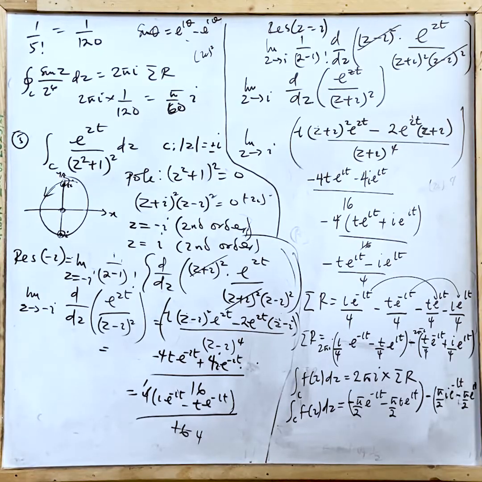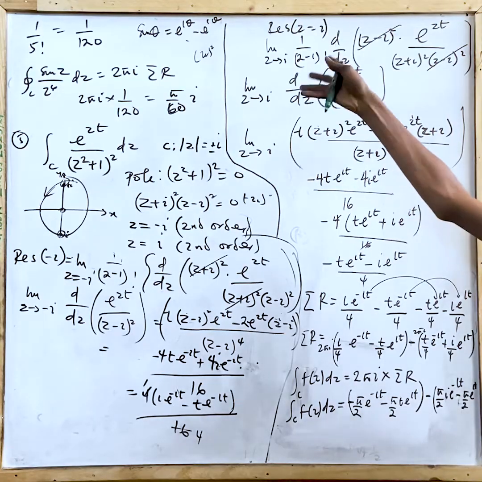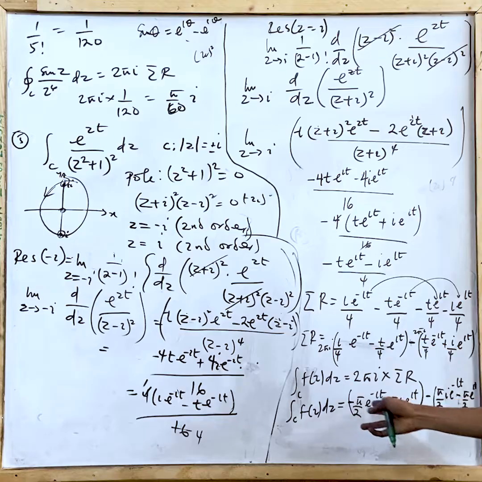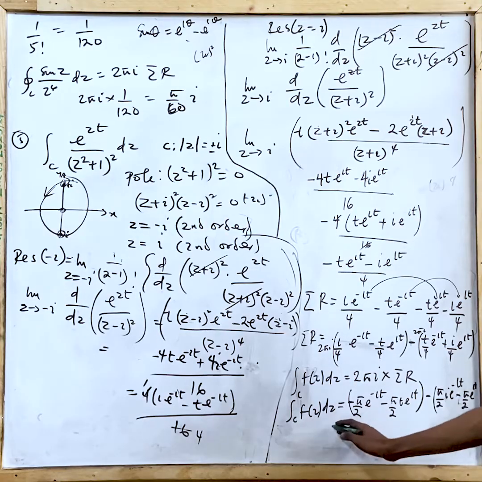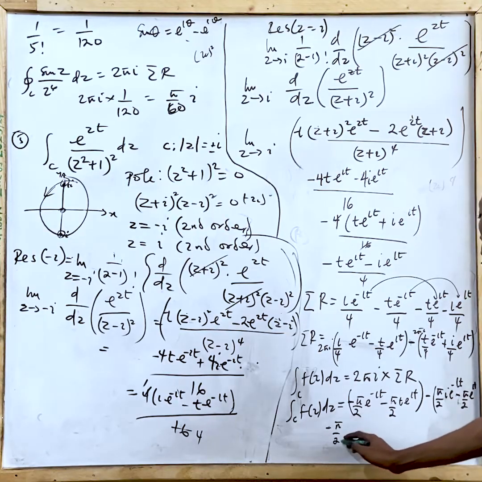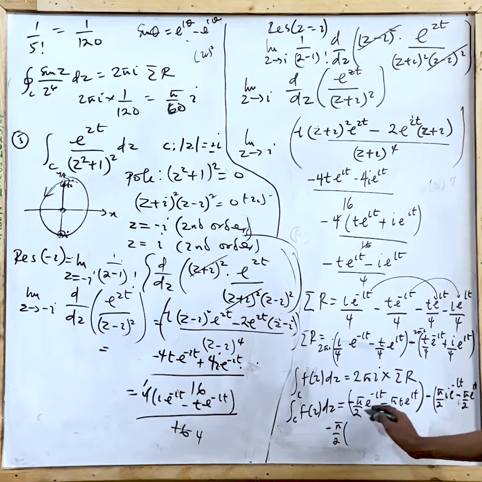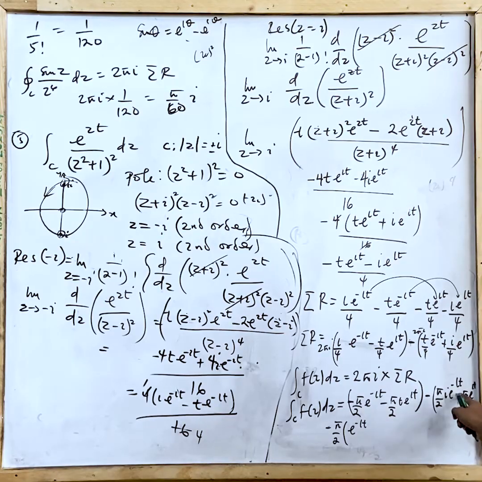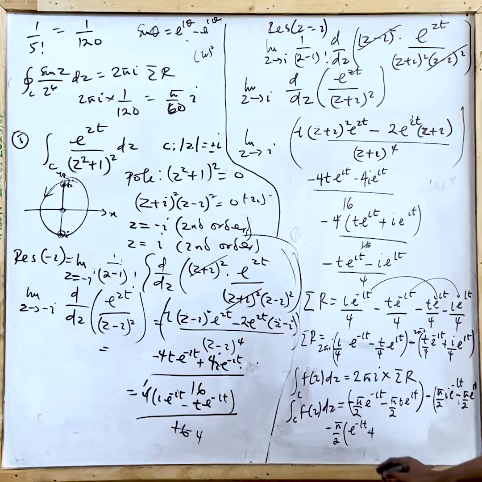But if I want to transform my solution into trig form, you can actually factorize pi over 2 from here. If I factorize minus pi over 2, this one will remain e raised power minus it. And if I factorize pi over 2 from here as well, minus minus plus e raised power it.